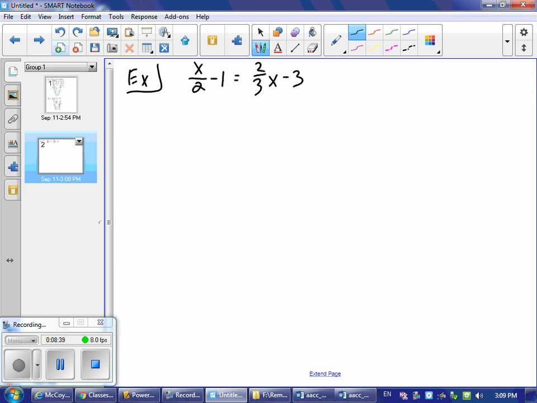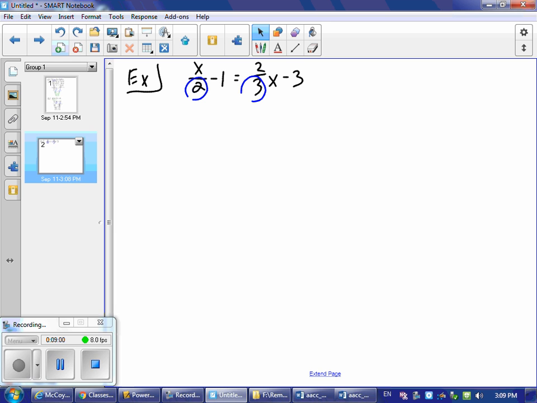So we can actually do a process where we can get rid of all the fractions in this problem at one time. And this is probably the best method to do this problem. The idea is, look at your fractions. Look at your denominators. I have a 2 and I have a 3 in my denominators.